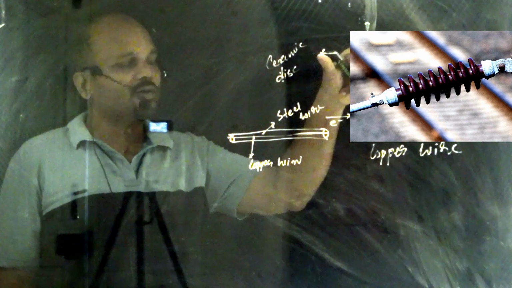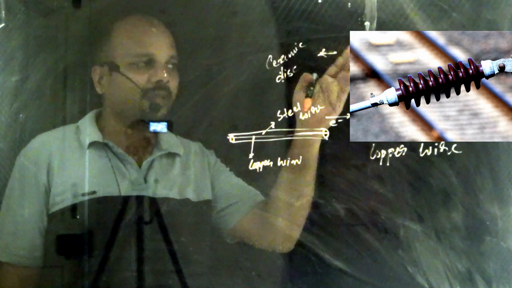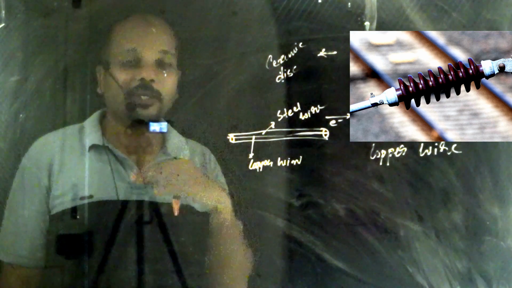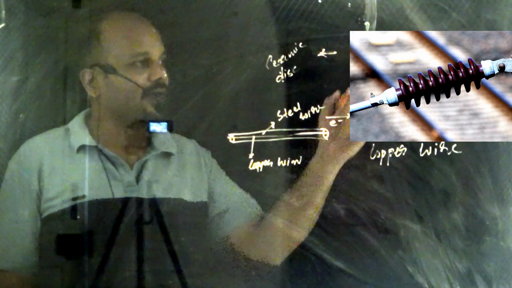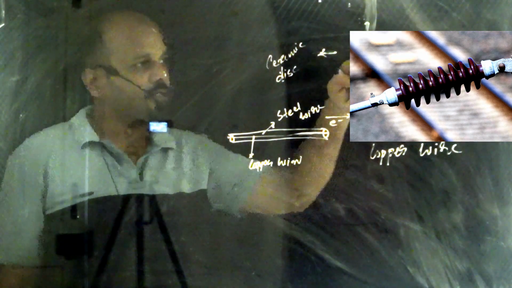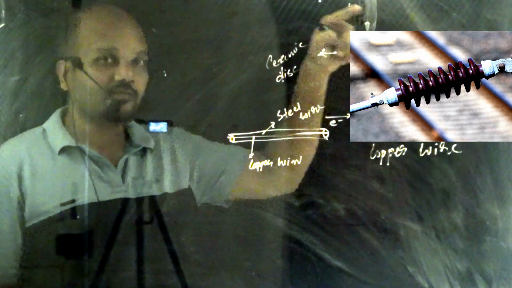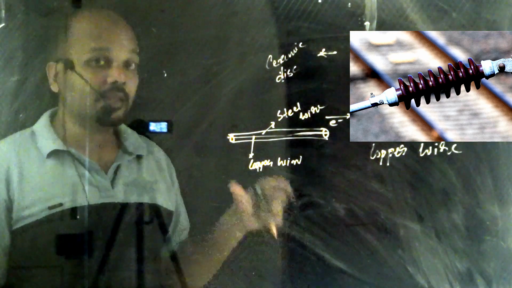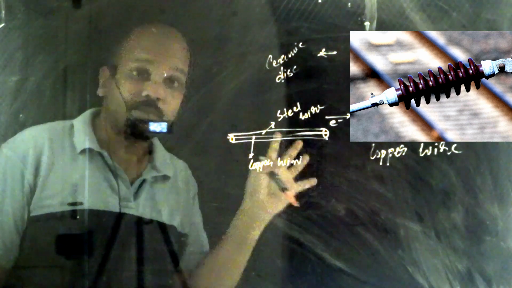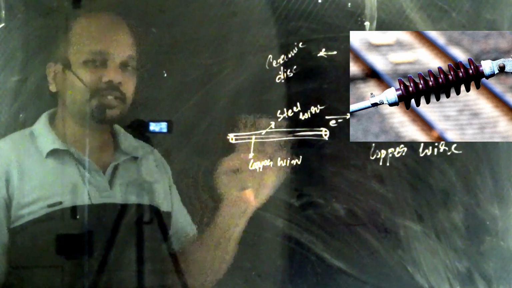So it doesn't make the pylon lose a lot of electricity in the form of heat. And this material will prevent the flow of electricity to the pylon. If electricity flows to the pylon and you touch it, that person will die. It is a very dangerous thing.